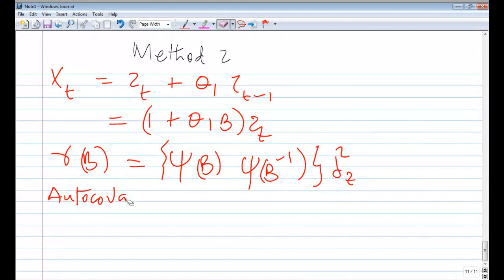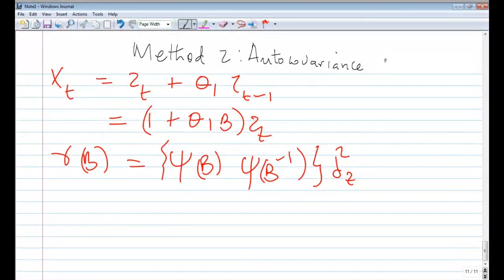Let me just write it here. So this is the method that we use to calculate the autocovariances. Autocovariance generating method for calculating autocovariance functions.